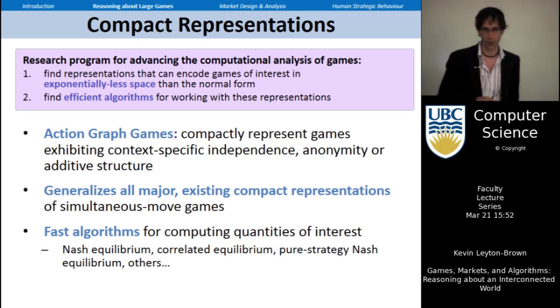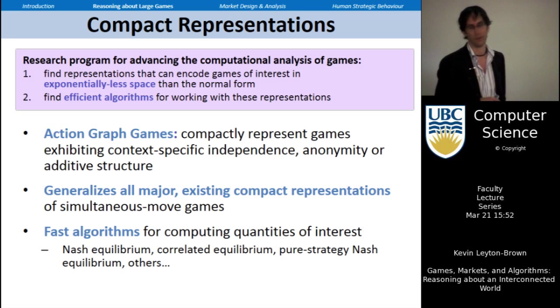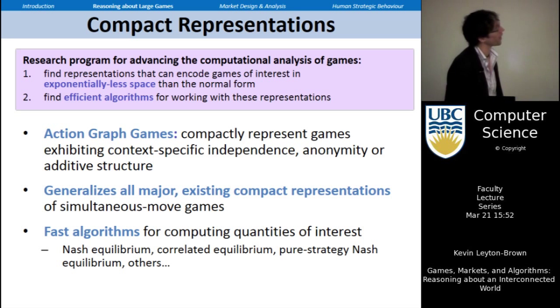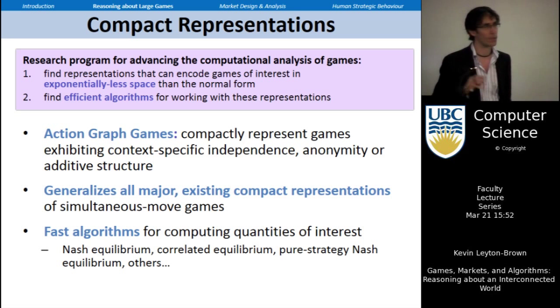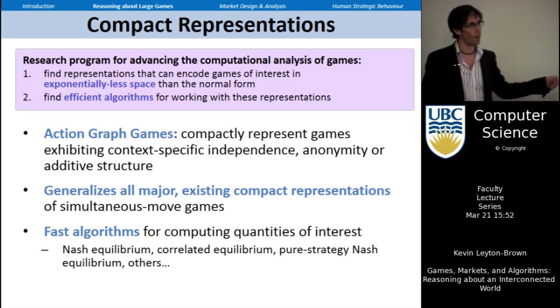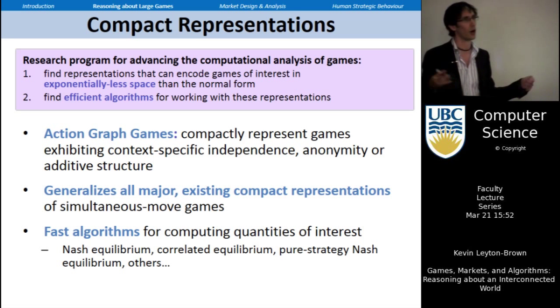So working with collaborators Naveen Bhatt and Albert Jiang, I've developed something called action graph games, which is a compact representation language for games. I'll give you a little bit of an intuition for how it works, but the goal is to be able to compactly write down and reason about large games that have some kind of sparse structure to them.